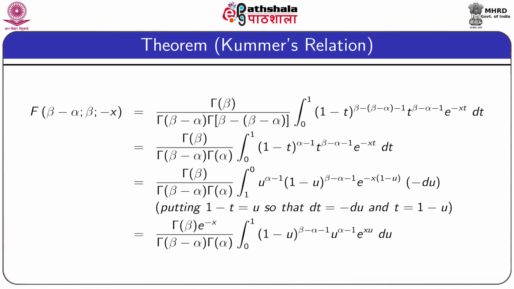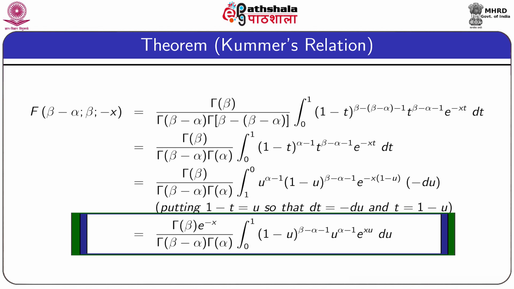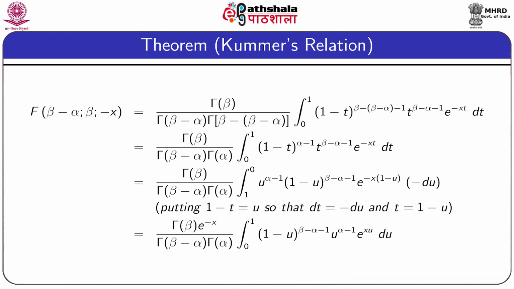We use this negative sign and interchange the limits, and in the next step we will get gamma beta e to the power minus x divided by gamma of beta minus alpha gamma alpha, integral from 0 to 1 of (1 minus u) to the power beta minus alpha minus 1, u to the power alpha minus 1, e to the power x u du.